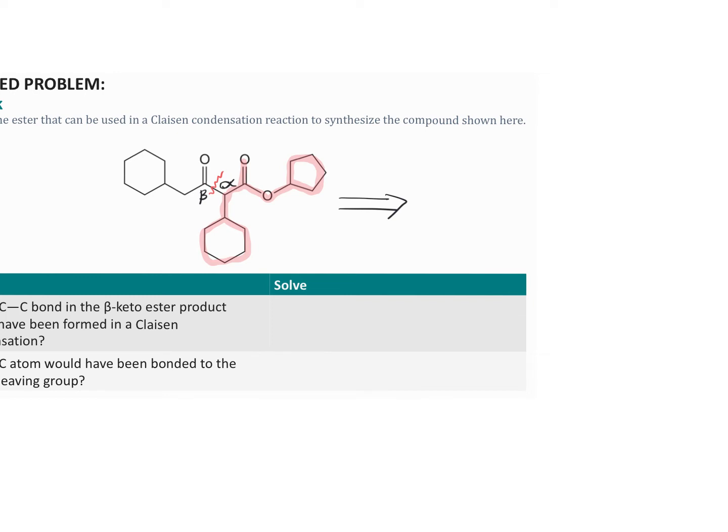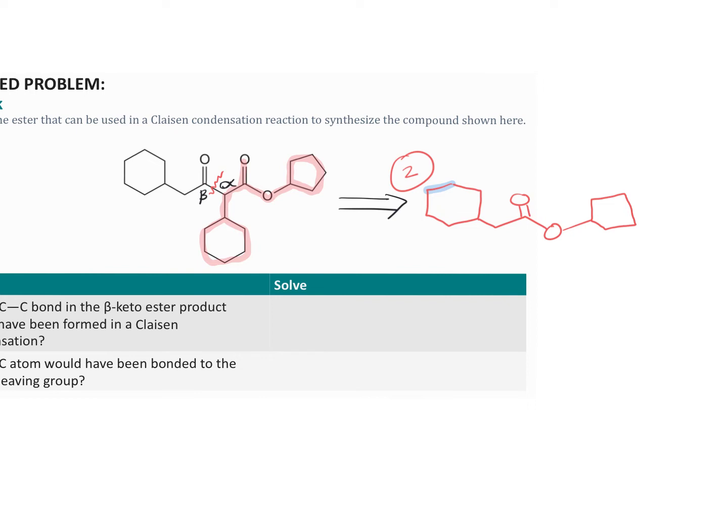And so the answer here would be, just like that. There would be 2 of those, okay? So that's the easiest way to figure out the ester that's used to synthesize the molecule, right, is to locate it like that.